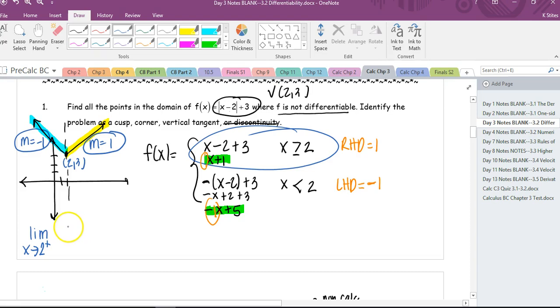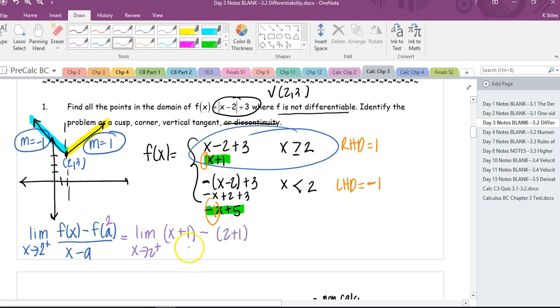Okay, so we'll write this out first: f of x minus f of a all over x minus a. So f of x is x plus 1 minus f of a, which is f of 2, what we get when we plug 2 in here, all over x minus a. So x minus 2.